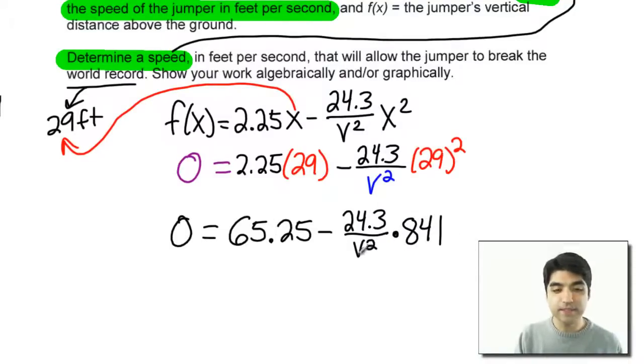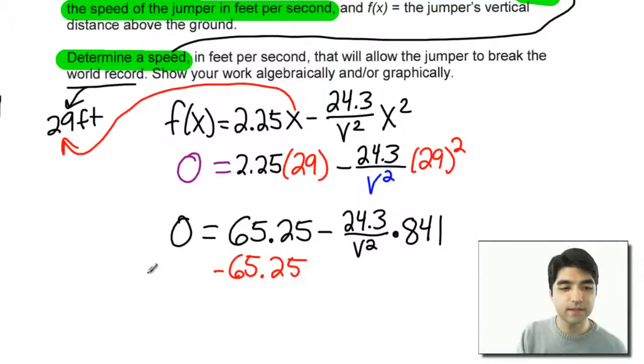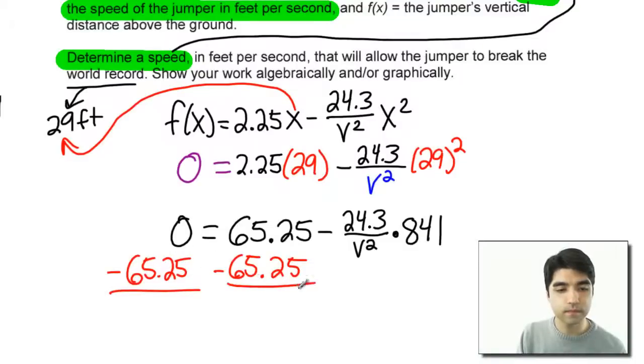Okay, so we want to solve for v squared, so let's move the 65.25 over to the other side. So let's do minus 65.25. So that's going to cross out the right side. And then on this side we have negative 65.25 equals negative 24.3 times 841.